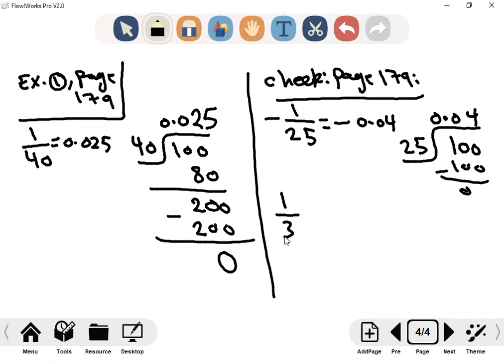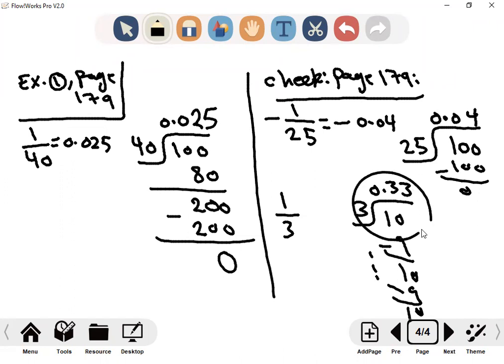If you want to find it, you divide 1 by 3. 10 on a 3. 3 times 3 is 9. Subtract, 1. So you have a decimal, you add 0, right? 10 on a 3. 3 times 3 is 9. Subtract, 1. You add 0, you get 10. 10 on a 3. So what do we call this kind? We call it repeating. Repeating decimal.